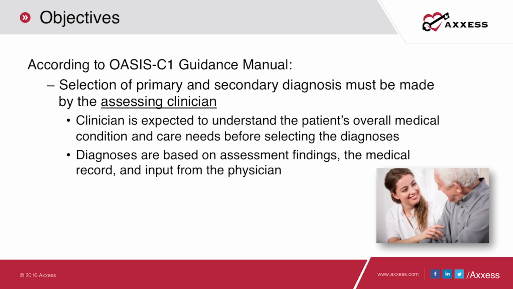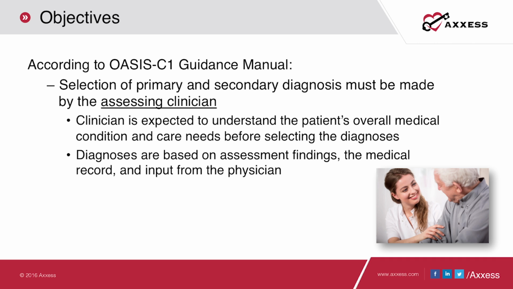Now, the clinician who goes out to assess the patient is expected by CMS and by your professional license to understand that patient's overall medical condition and the care needs before you select the diagnosis. Now, when we're talking about a diagnosis here, we mean literally the name of the disease. We are not diagnosticians.